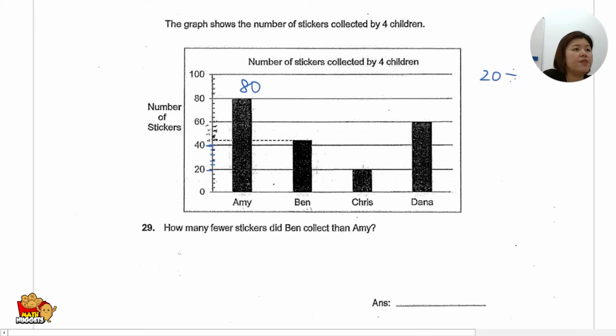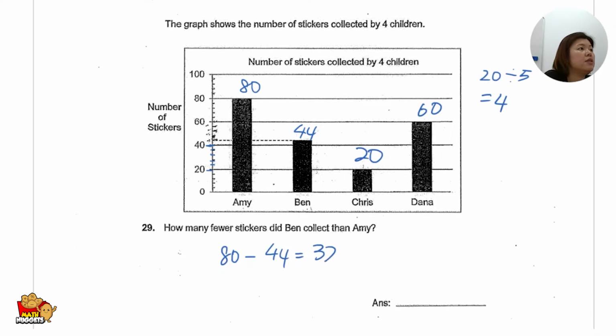So 20 divided by 5 is 4, means one line is 4. So for Ben is 44, for Chris is 20, Dana is 60. So how many fewer Ben collected than Amy will be 80 minus 44, which gives you, oopsie, 36.